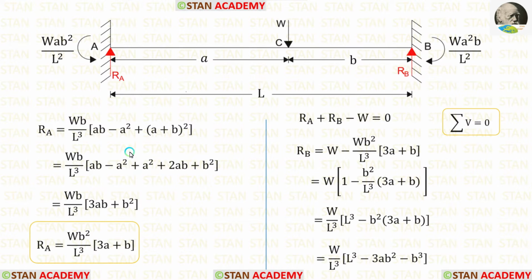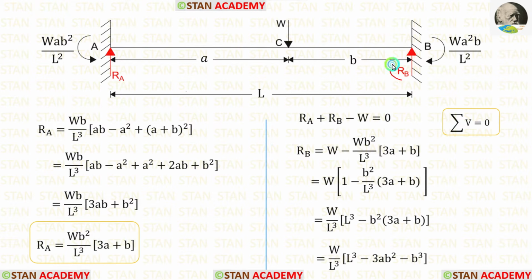Let us eliminate minus A square and positive A square. AB plus 2AB, we will get 3AB. From here, let us take B outside and multiply with B so that we will get B square. Finally, we have found the formula for RA, WB square upon L cube into 3A plus B.